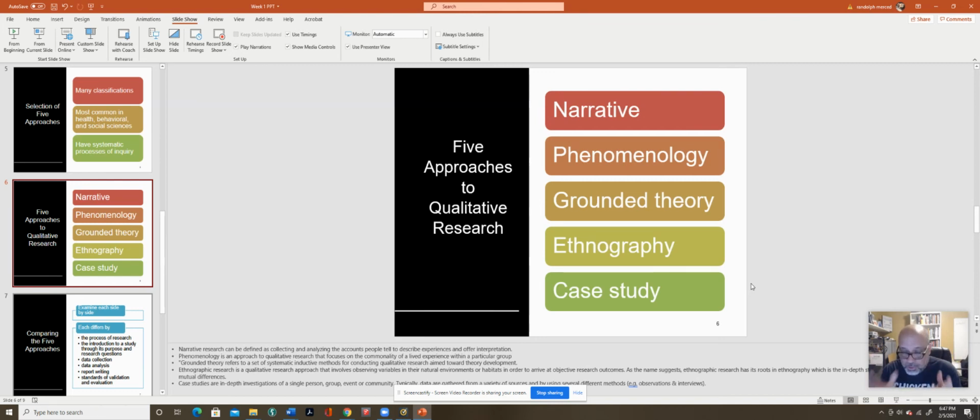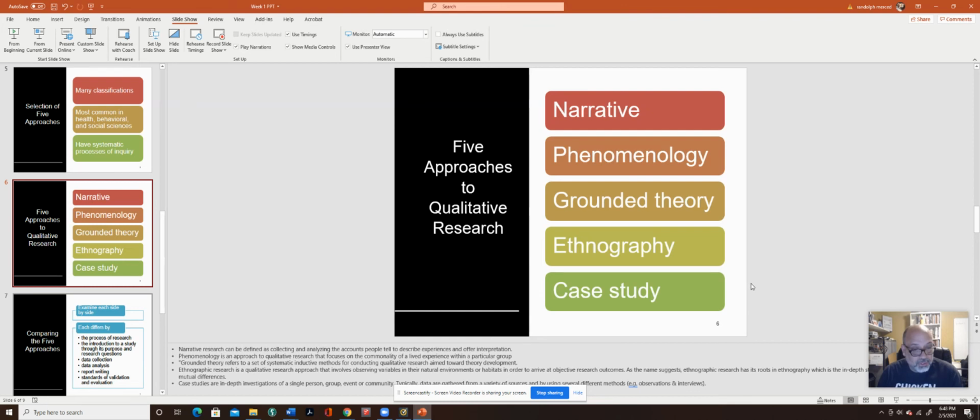You are going to go into a study, you don't really have a theory yet, but you're going to look at stuff, you're going to do things, and then a theory starts to develop from all the work you do. So you know what? This is a theory I've developed because I've observed, I've listened to, and I've got information from people, and this is a theory that I'm developing from this. So that's the grounded theory approach.